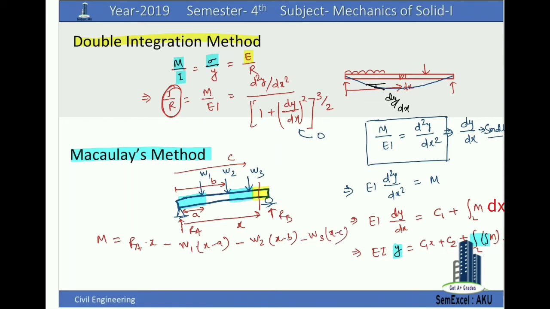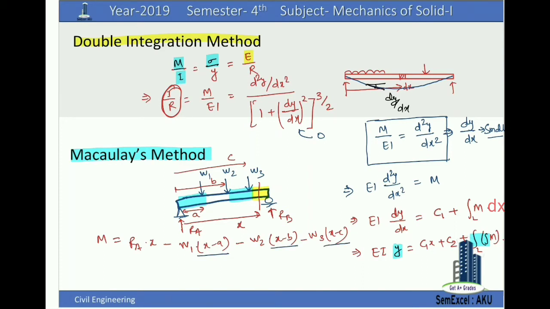And the condition that we apply here is, if any term, either this term or X minus C term is negative, then we replace it as 0.